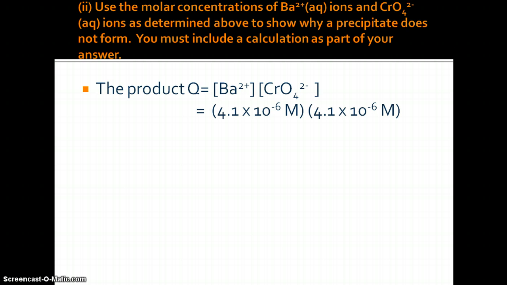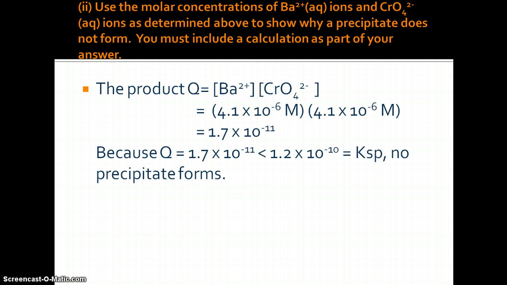So, since we found these values in part 1, you would do 4.1 times 10 to the negative 6 times 4.1 times 10 to the negative 6, and that equals 1.7 times 10 to the negative 11th. And since Q is less than Ksp, no precipitate will form. You only have a precipitate form if Ksp is less than Q.